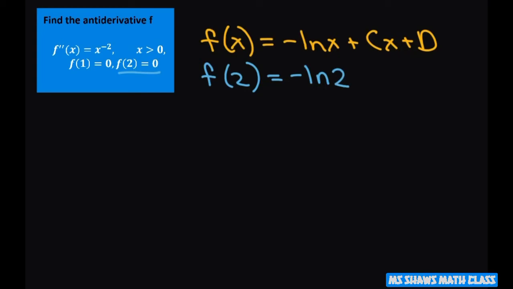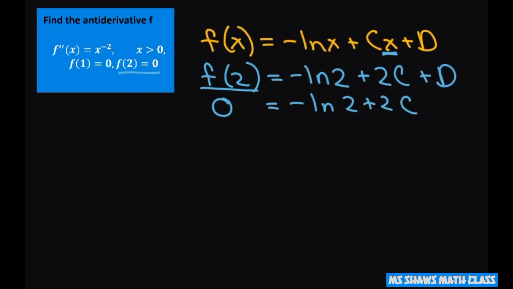That's negative ln of 2 plus 2c, I'm plugging in 2, plus d. All right, and then we know this equals 0.